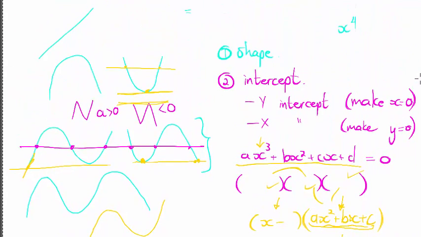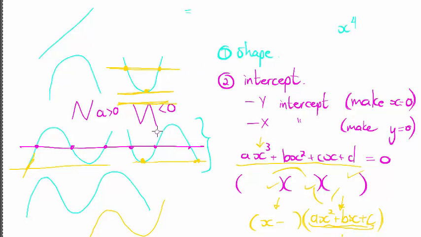A parabola can have 2 roots if my x-axis cuts twice, or it can have 1 root if it turns on the x-axis. Or it can have no roots, that's when it turns before it gets to the x-axis.